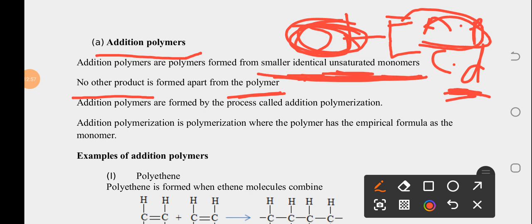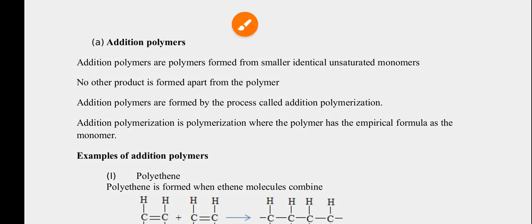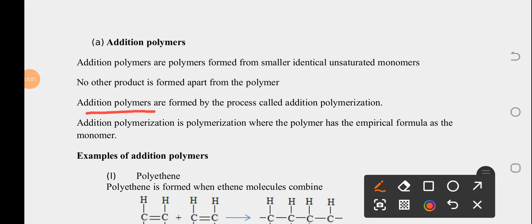Okay. So when we talk of addition polymers, they are formed by the process called addition polymerization. So addition polymers are formed by which process? Addition polymerization. And the definition is right over here.